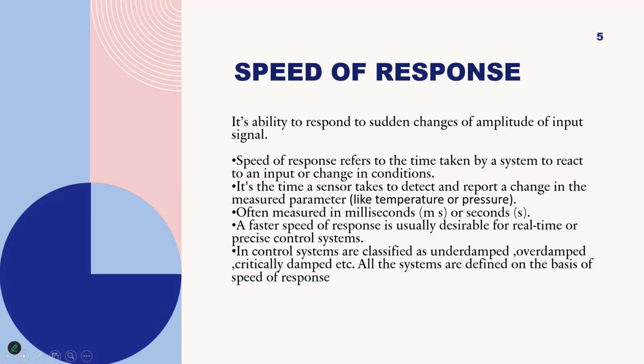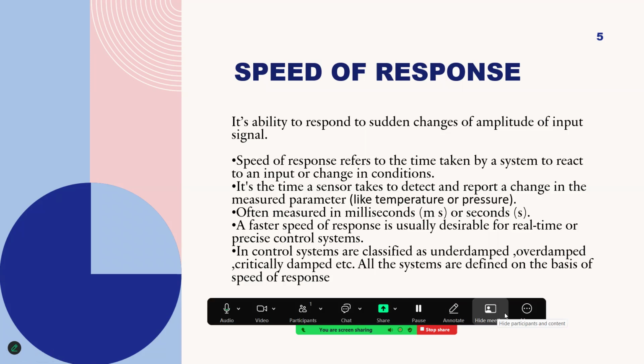In control systems, there are so many systems like underdamped, overdamped, critically damped, etc. All are classified on the basis of speed of response. If a system is moving so fast, it is known as a critically damped system.